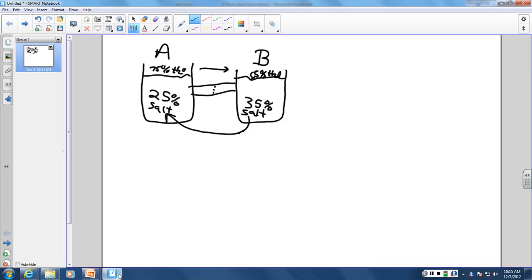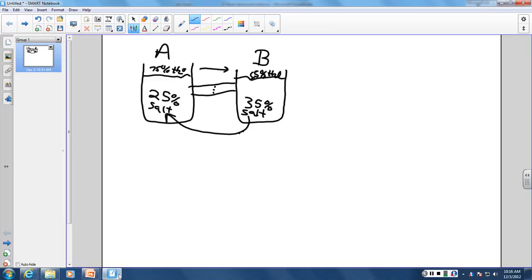Whenever you increase salt concentration, remember, water follows salt. Water is going to move in the direction where there's a higher salt concentration. So by eating all the salt on your greens, you're increasing the osmolarity of your blood.